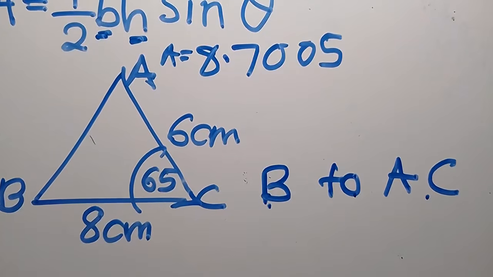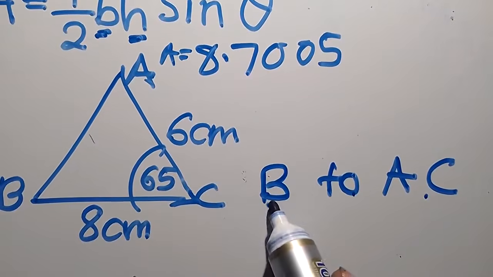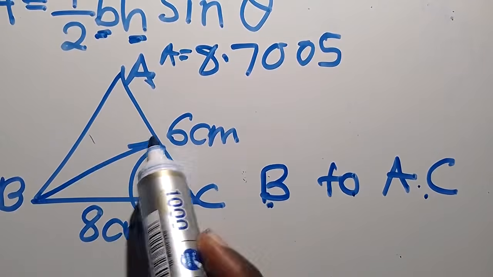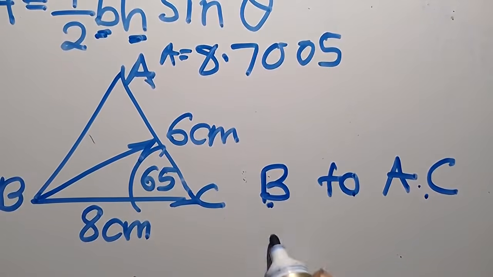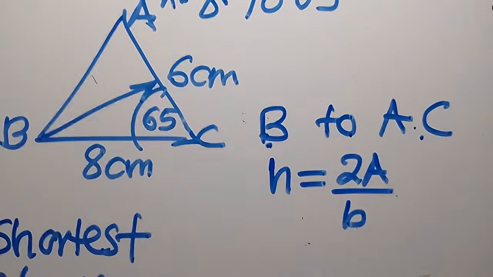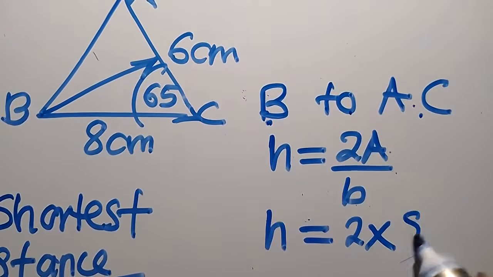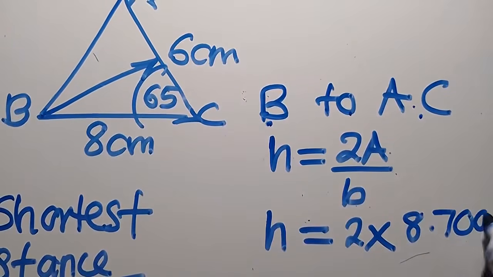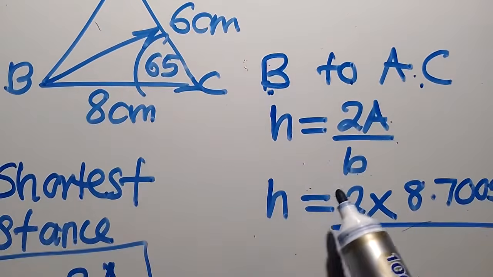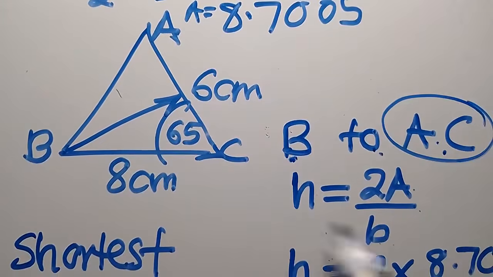So the formula is H is equal to 2A over B. Where H is equal to 2 times your area, which we found, 8.7005, over the base. What is your base? Where it is landing, from B to AC. That is your base.